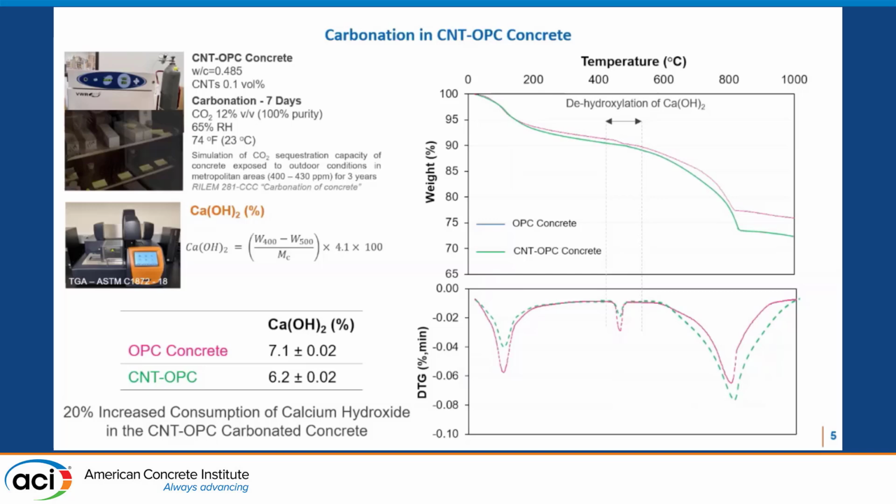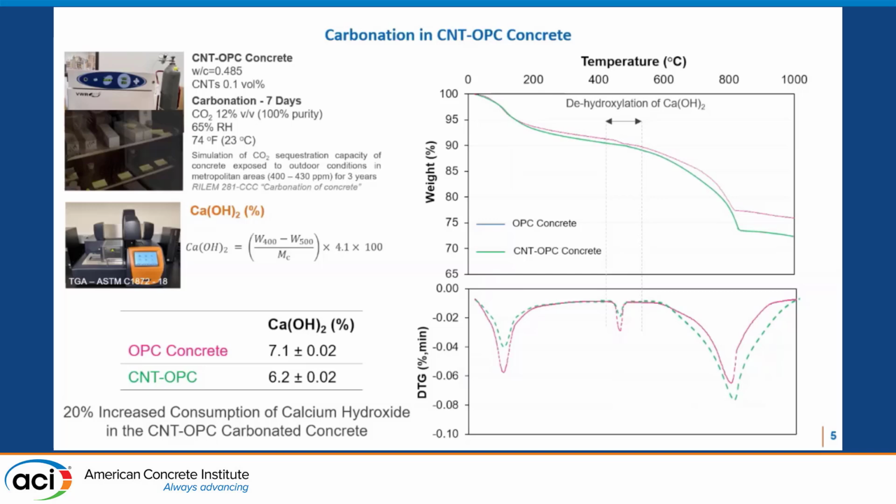Dr. Danoglidis mentioned before that we are using a specific technique, a regime for carbonation. In these particular experiments, we used carbonation for 7 days in a carbonation chamber with 12% carbon dioxide concentration and 65% relative humidity at 74 degrees.